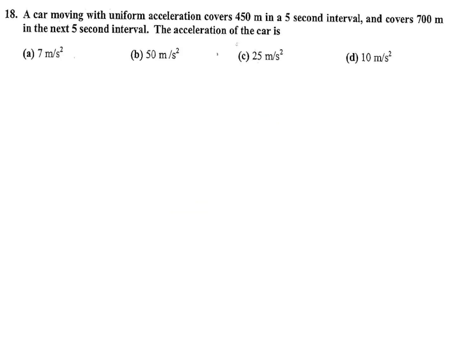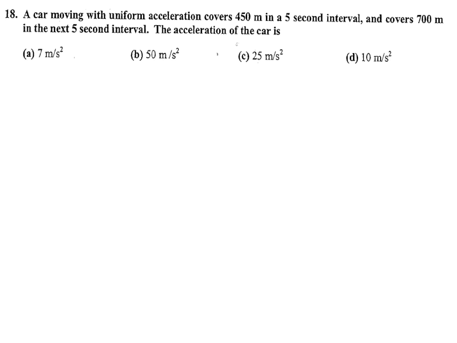A car moving with uniform acceleration covers 450 meter in a 5-second interval and covers 700 meter in the next 5-second interval. The acceleration of the car is? This one is also asked a second time, already discussed in my previous video.